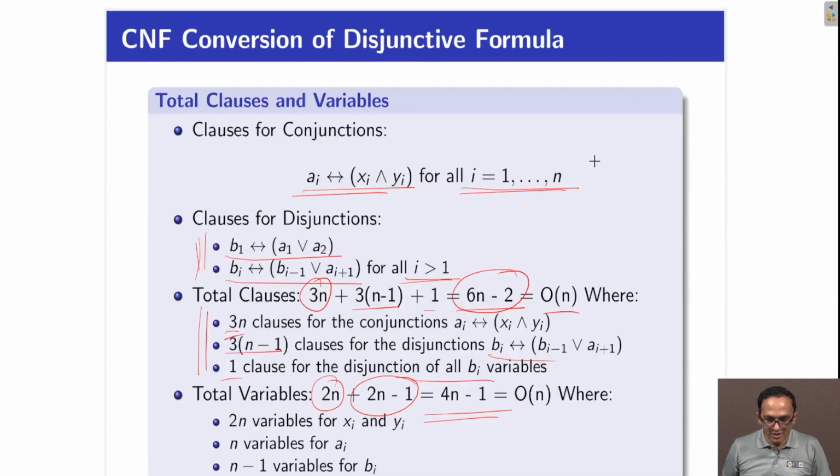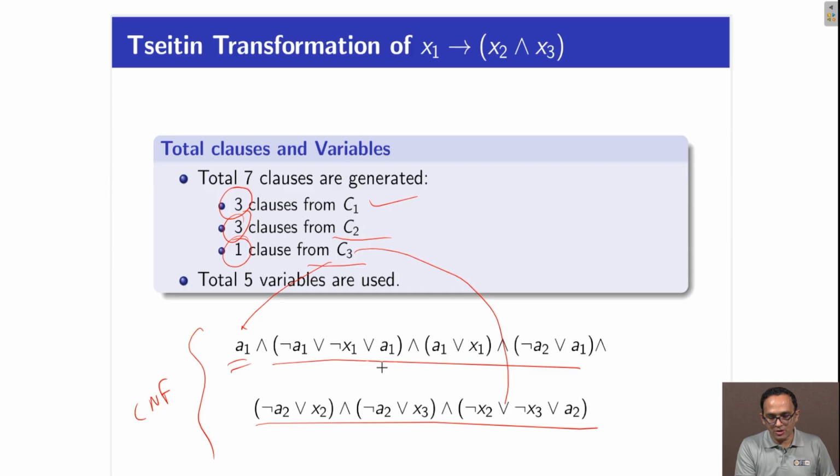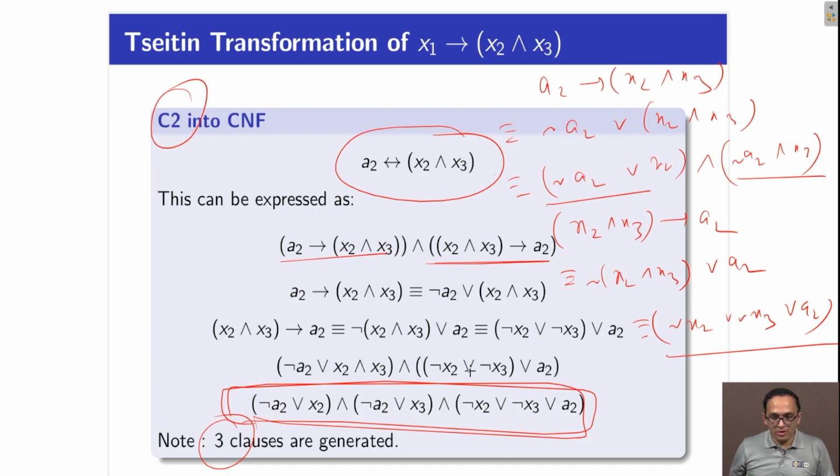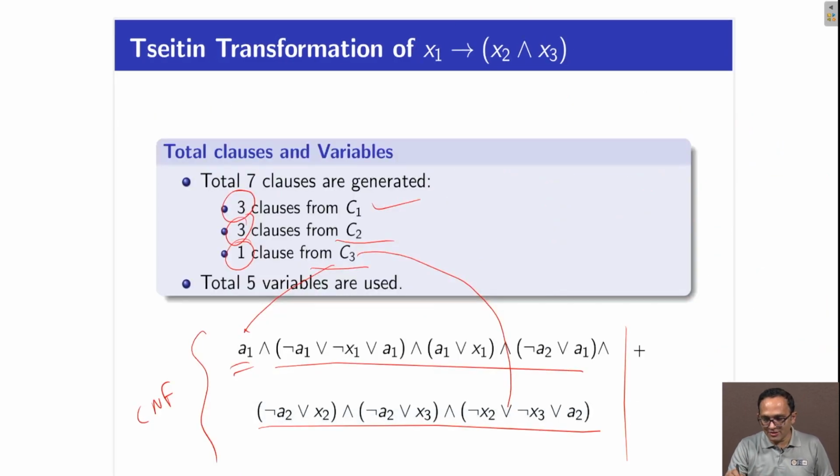If you see here, my original formula had x1, x2, and now I have a1, a2 also. The original formula was x1 implies x2 and x3, and the converted formula is this one. So x1, x2, x3 are already there and your new variables are a1, a2, the auxiliary variables.